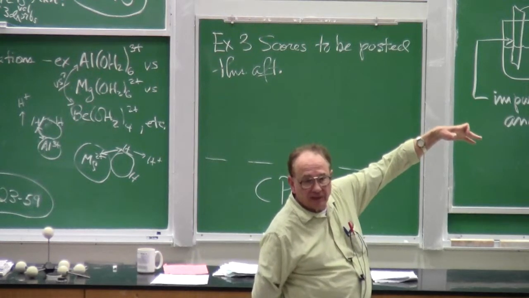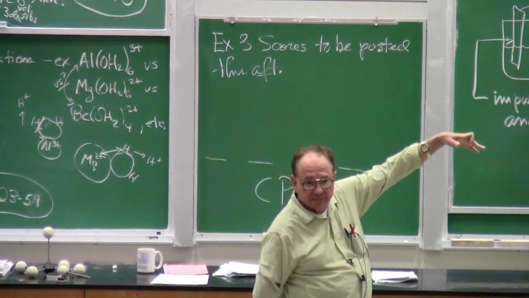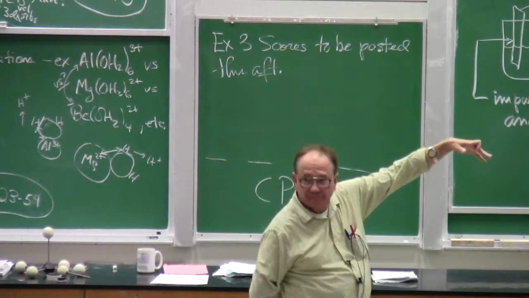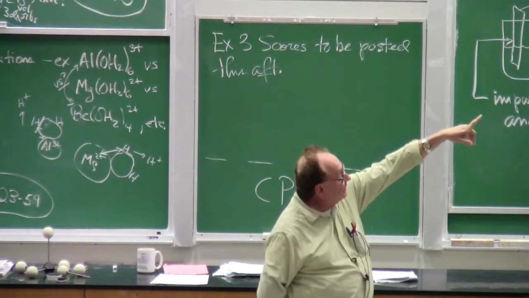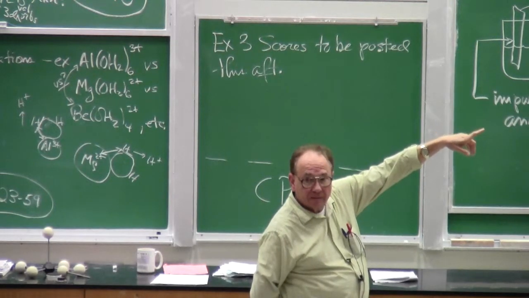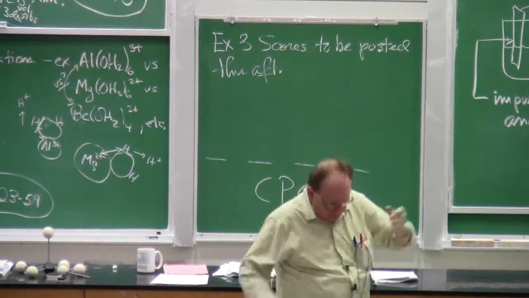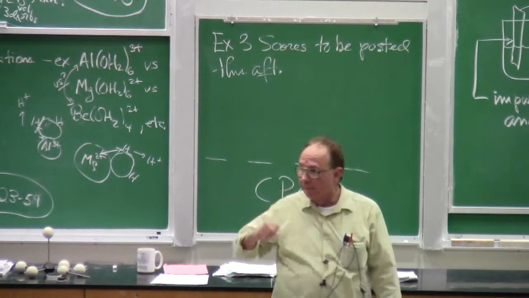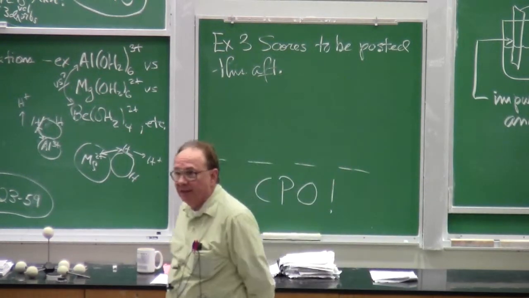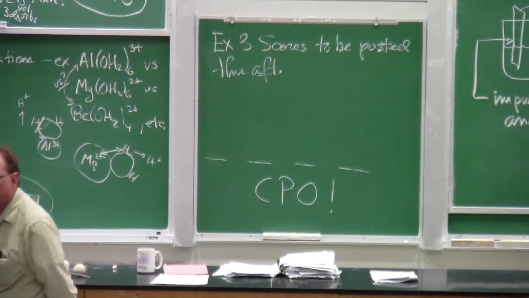How many 3d electrons? How many 4s electrons? 5 and 2? Argon is 18. What do I have to add to 18 to get 26? 18 plus what number gives me 26?